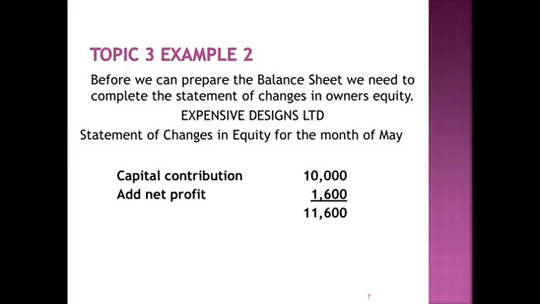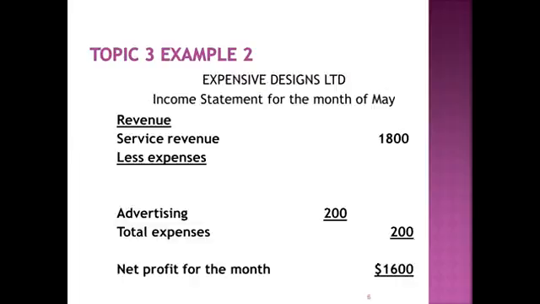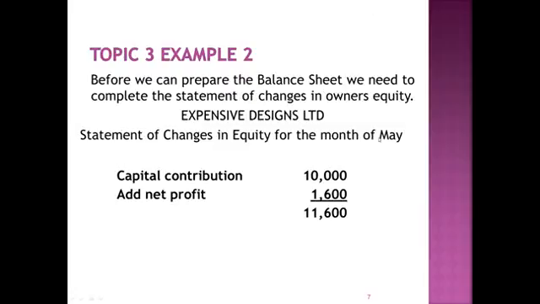So this statement is the link between the income statement and the balance sheet. The information that we calculated, and I'm just going to flick back, the net profit for the month of $1,600, is the figure that drops down into the statement of changes in equity for the month of May.